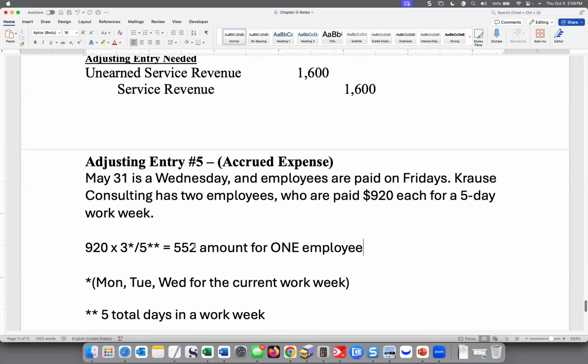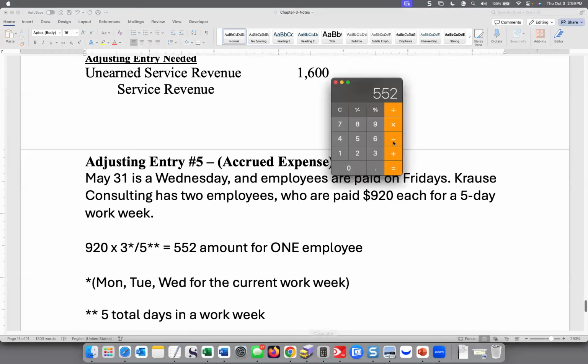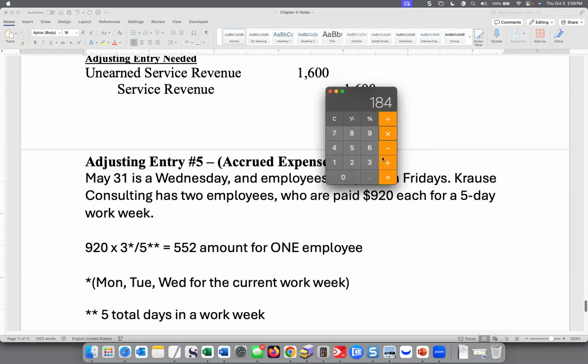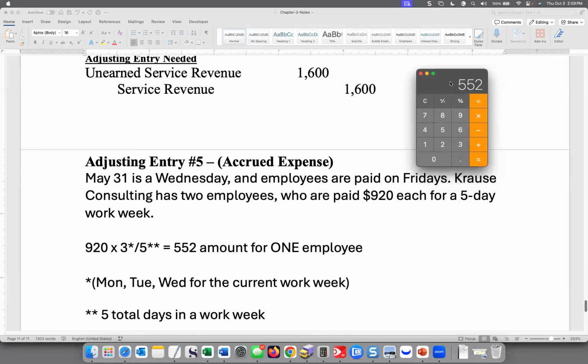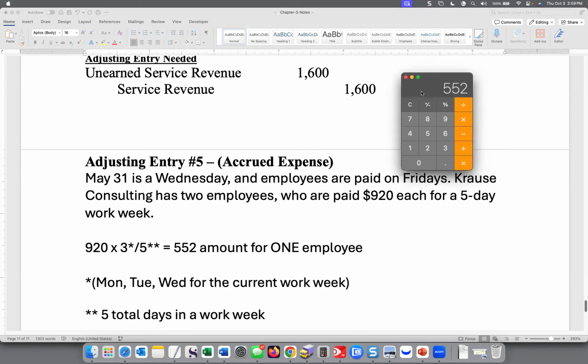Take the 920 and divide it by 5 individual work days. That gives you the amount per day. And then you multiply that times 3, and it'll get you the same number. So there's another way of doing it. What I have here is kind of like a prorated fraction, which I like to do. But the other way is to find out how much an individual employee gets paid per day, and then multiply that times 3. It's another way to get there.